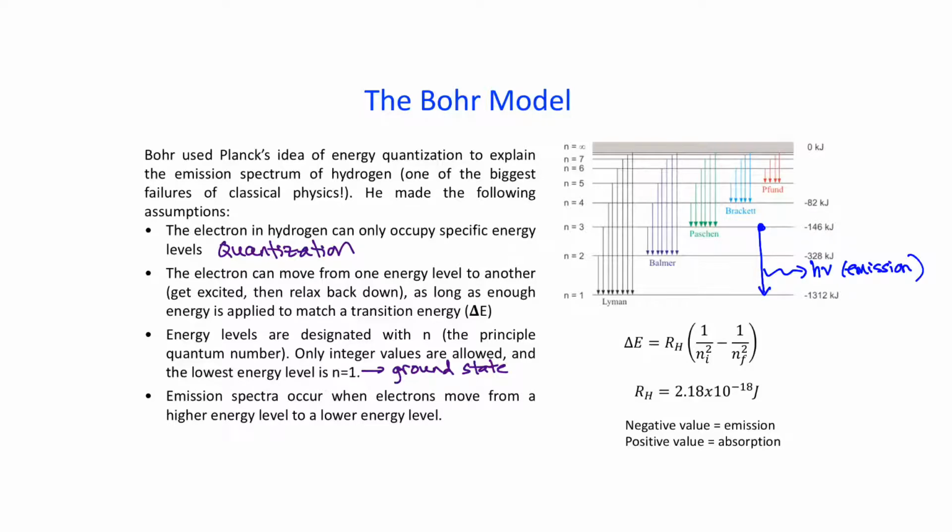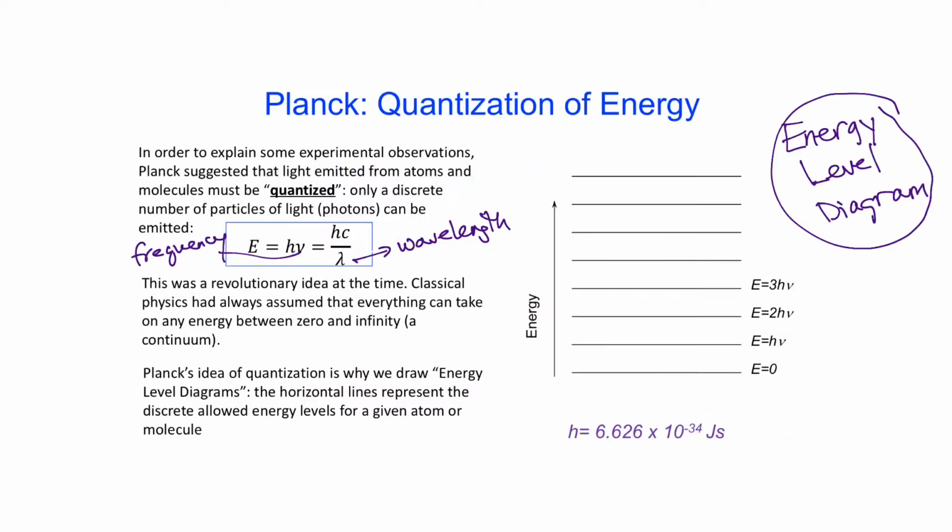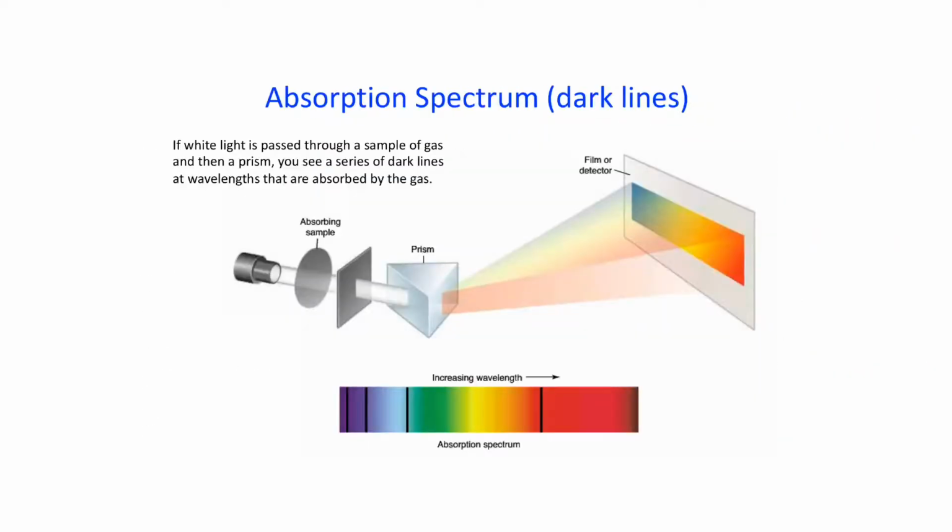Okay, so these are the assumptions that Bohr made, again, borrowing from Planck's idea of quantization. He devised all of these assumptions as a way to explain the spectra that we see for the hydrogen atom. So I'll go back here. Using those assumptions, Bohr was able to actually predict where all of these lines would show up.